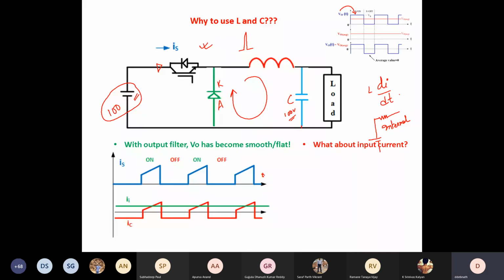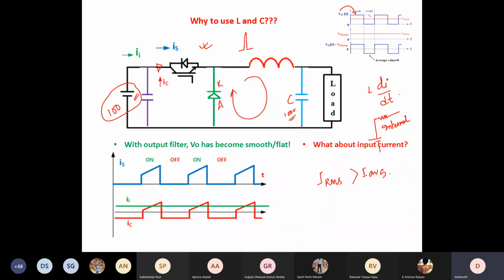But I am sending a pulsating current whose RMS will be more than the average value. I_RMS will be more than I_average, and that will lead to additional losses in the battery internal resistance. As you know, loss will be dissipated as heat, so the battery will get heated up.